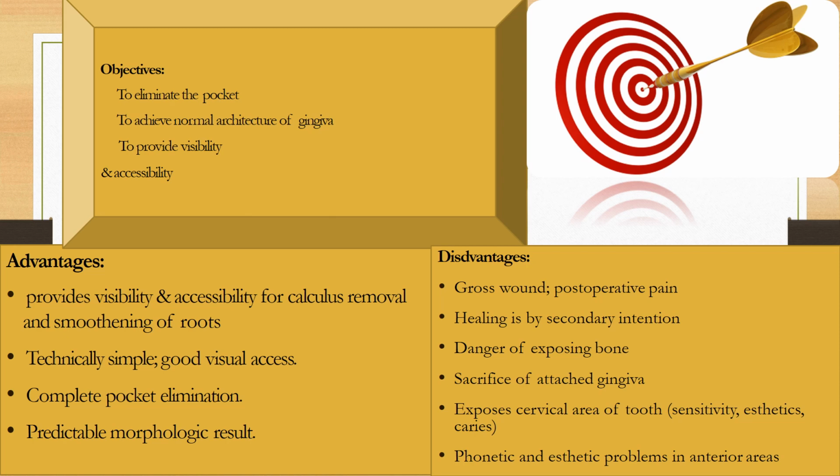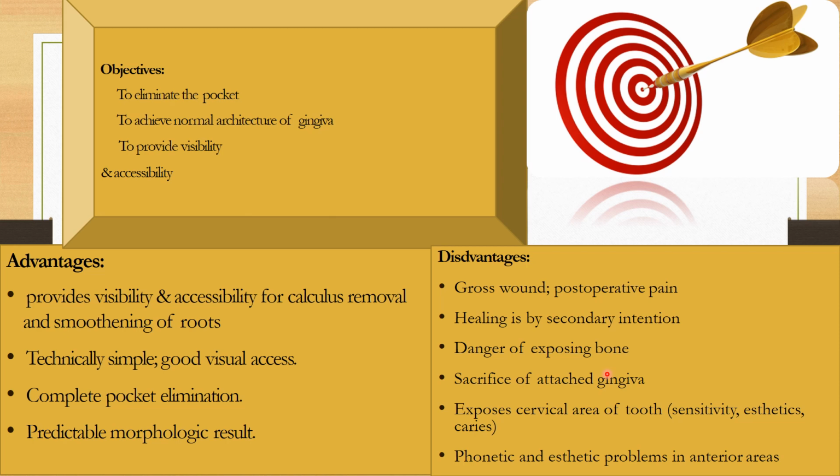So what are the disadvantages? Obviously the healing will be by secondary intention, and this will be a gross wound, so this can sometimes lead to postoperative pain. There is a danger of exposing bone in case of thickened marginal bone. Also, excision of the pocket wall will lead to decreased attached gingiva.